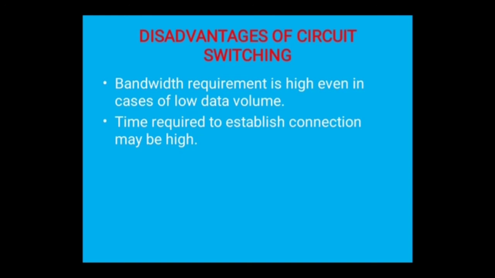Data will only be sent once the circuit is established, and if all the time is spent only in establishing the route, then it is a wastage of time. So the time required to establish a connection may be high.